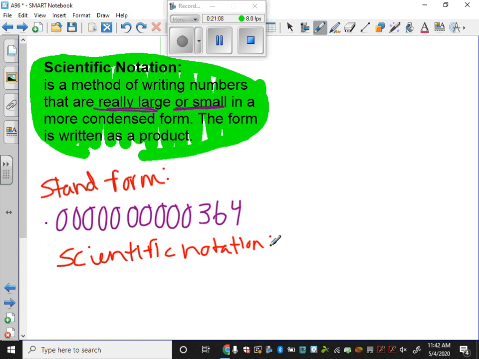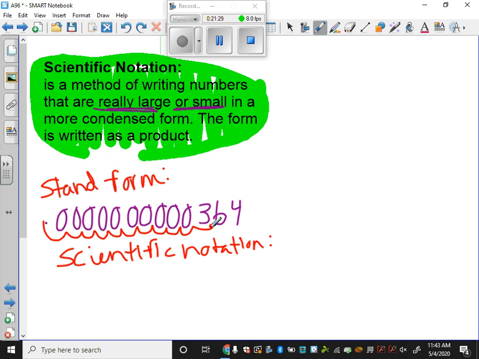So if I were going to write this in scientific notation, the first thing is we need to move the decimal so that we end up with a number between 1 and 10. So if I were going to move this decimal 2, 3, 4, 5, 6, 7, 8, 9, 10, 11, if I moved it here, I would have the number 3.64.